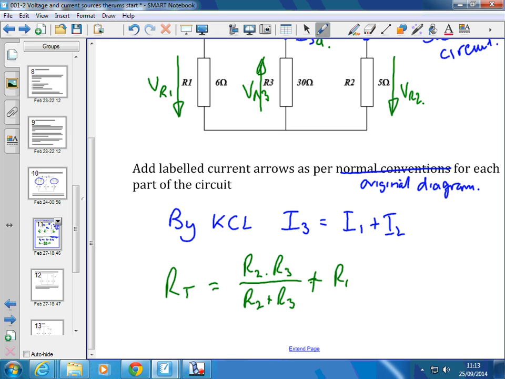Yeah? So these values are 30 times 5 over 35 plus 6.